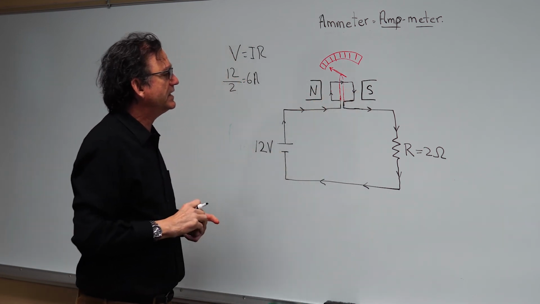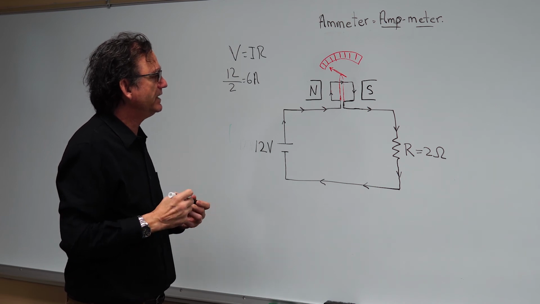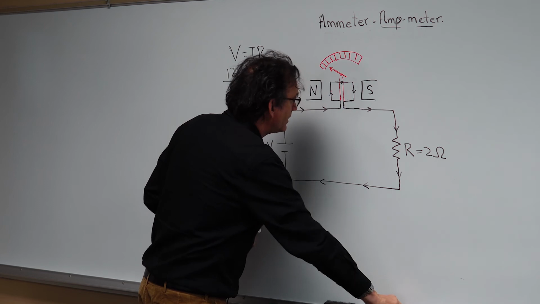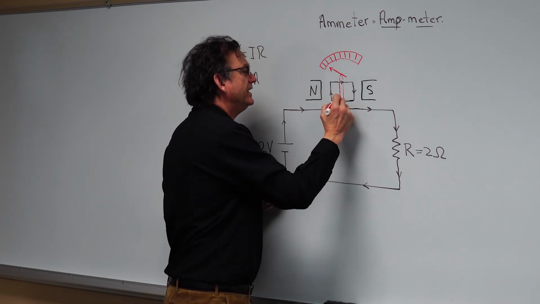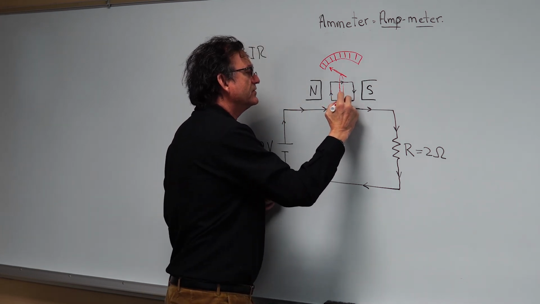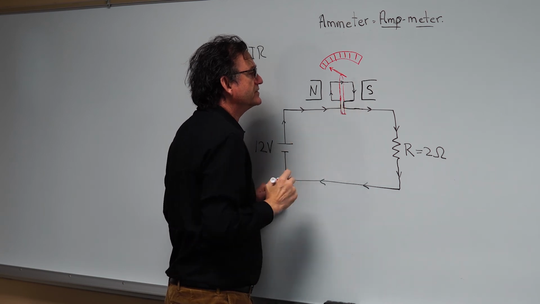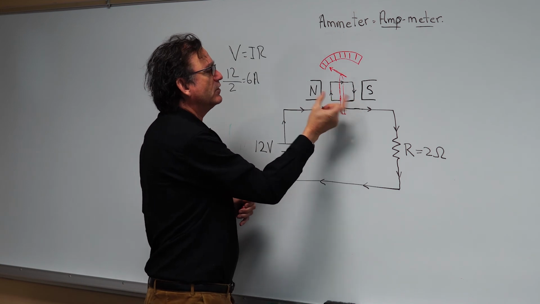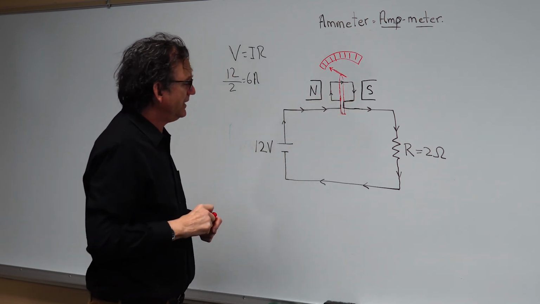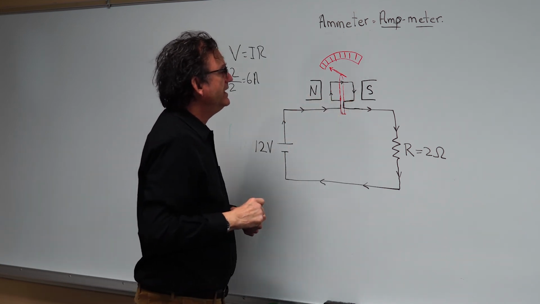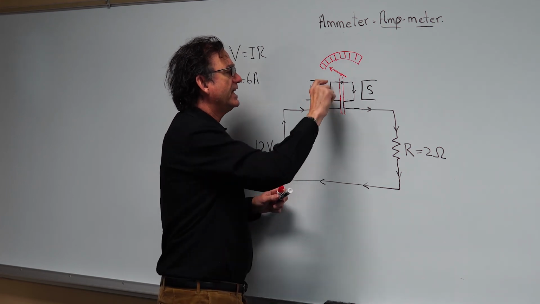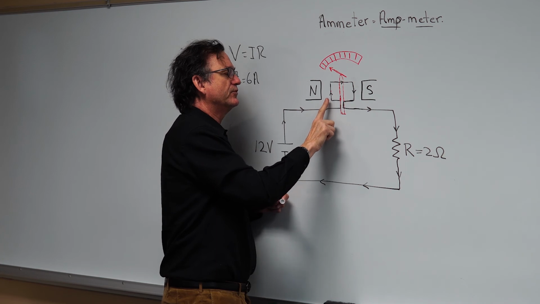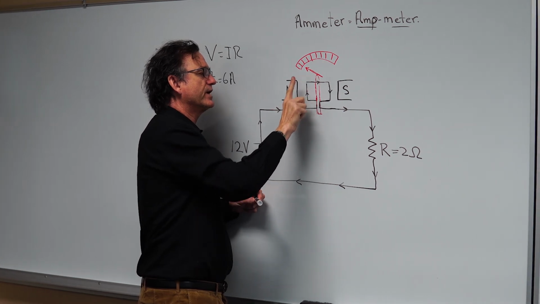And the tendency of the magnet will be to twist the loop about its post. So there's a post here that is more or less fixed that allows the loop to rotate in the magnetic field. And the reason it's going to rotate is that this leg of the current has its current or charge moving in the upward direction.